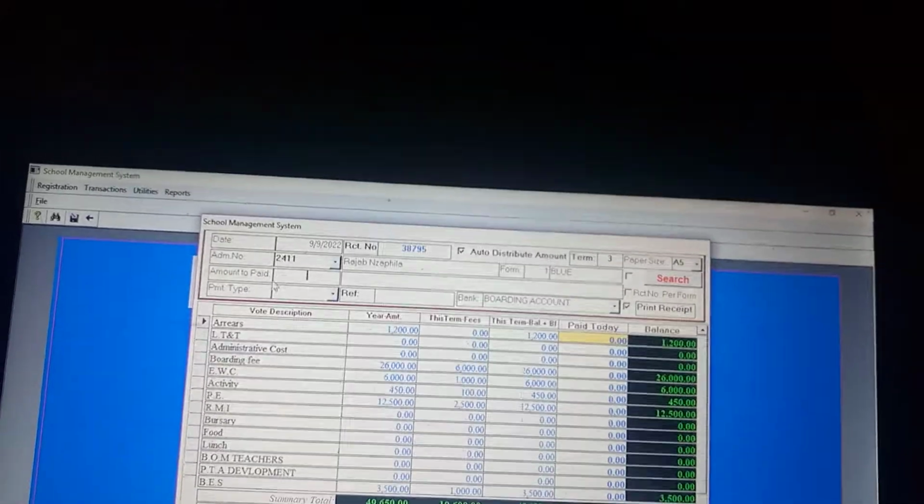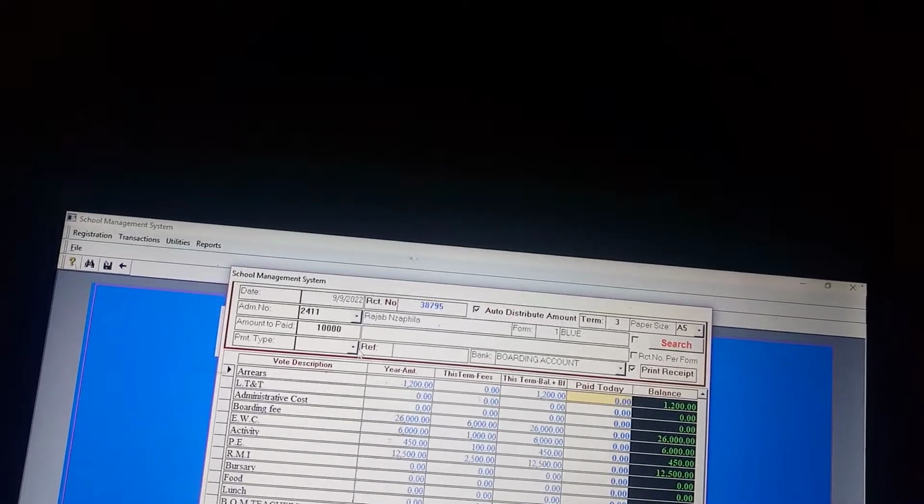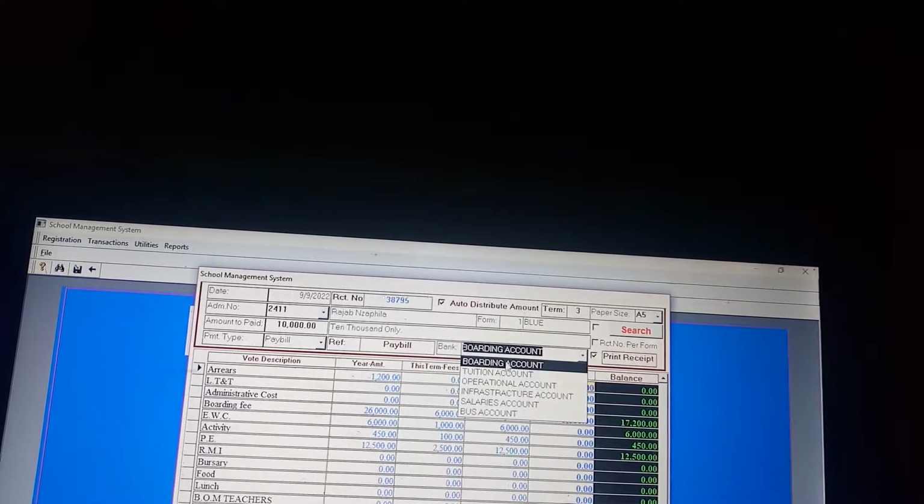And now we enter the amount they have paid. Say they have paid 10,000, just an example, and they have paid through pay bill, for example, and they have paid to which account? Maybe the tuition account, or you can have here different types of accounts. You can even say equity or KCB or whatever you want to have here.